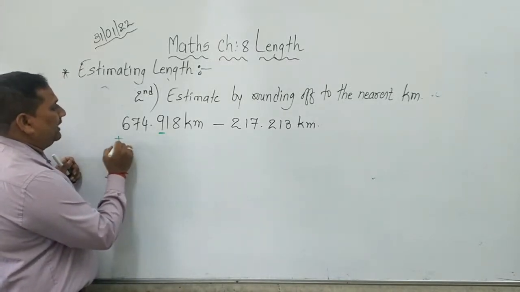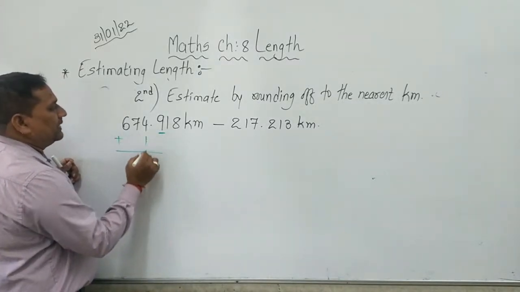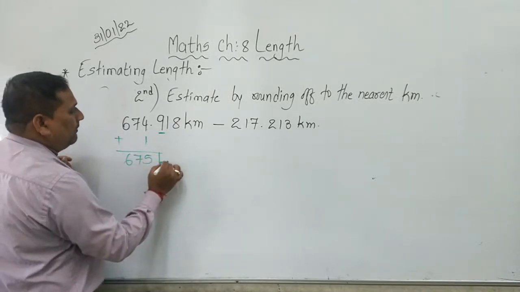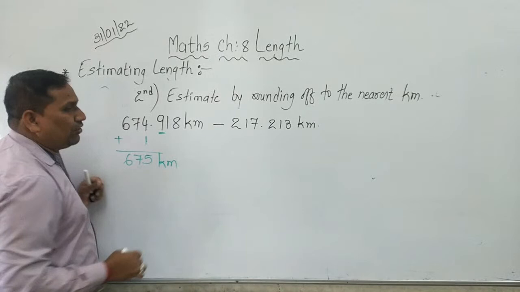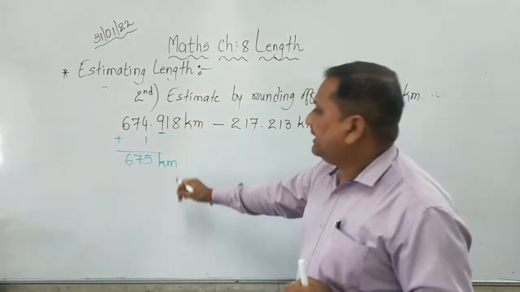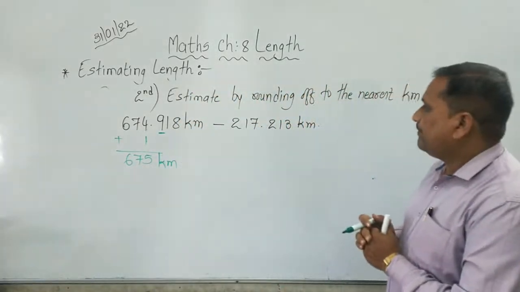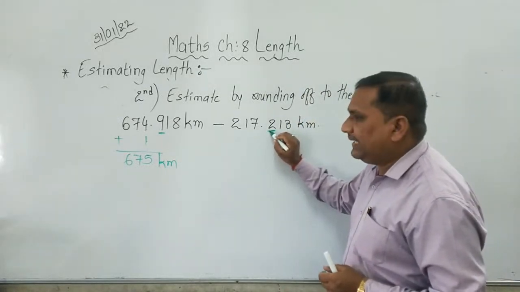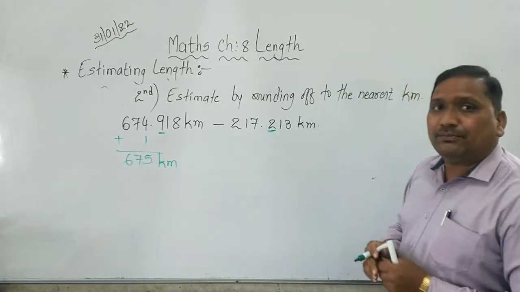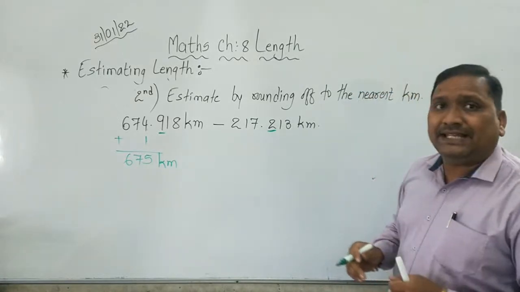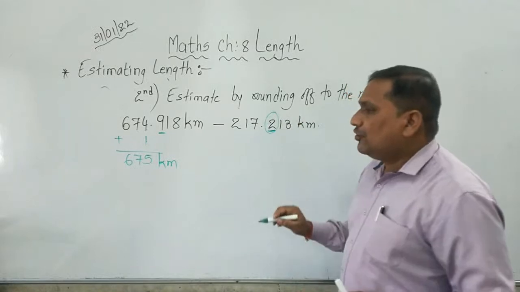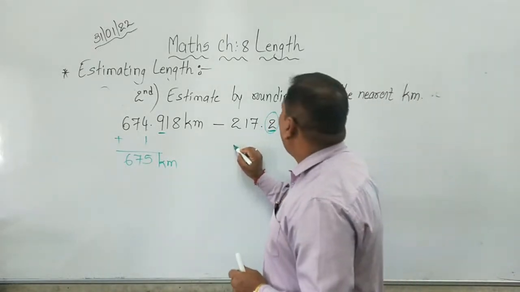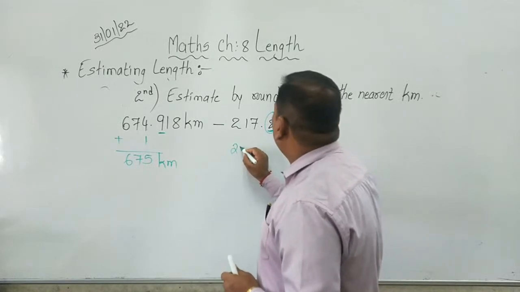Add 1. So plus 1. So 4 plus 1, 5, 7, 6. So this will be 676 kilometer. Now the second number, after decimal is smaller than 5. So no need to add anything. What will be the rounded value in kilometer?